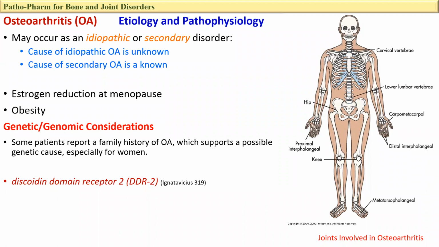So osteoarthritis may occur as an idiopathic or secondary disorder.